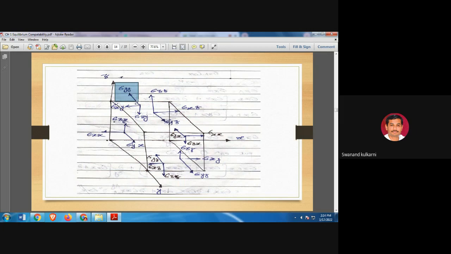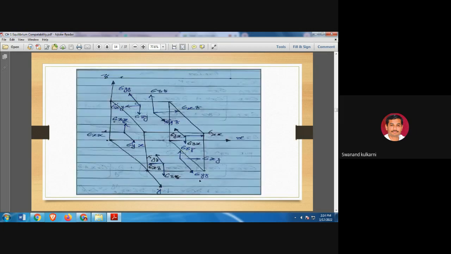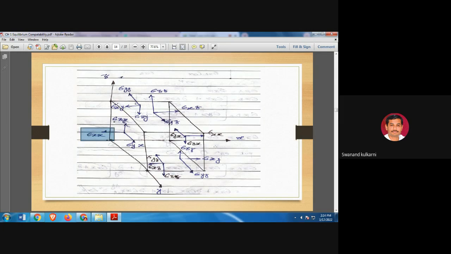Both the positive y-axis and negative y-axis have sigma yy. Then sigma zz is present on the positive z-axis and negative z-axis in both directions. So sigma xx, sigma yy and sigma zz, all three directional stresses, are shown here.